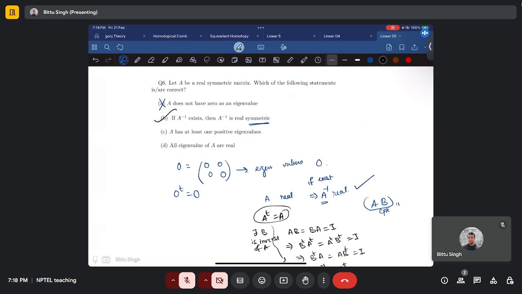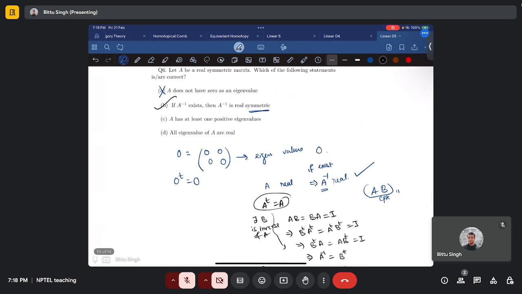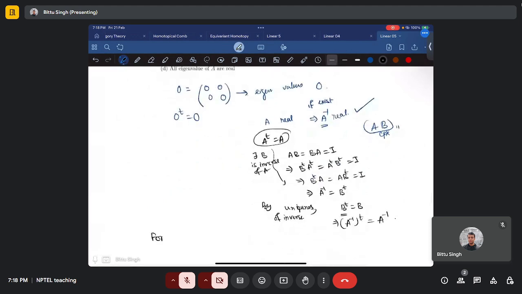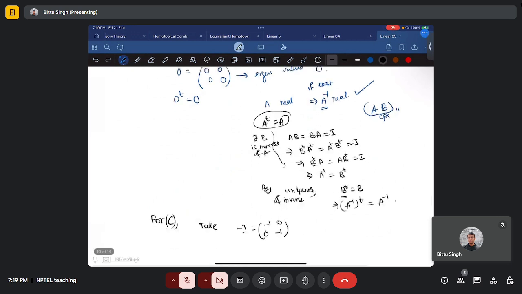Now, A has at least one positive eigenvalue. So again, this is false. Why is this false? Because take the matrix for option C, take the minus identity, which has minus 1 on the diagonal and 0 elsewhere.